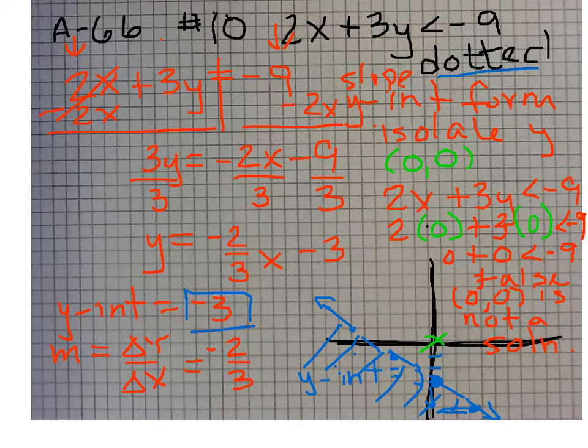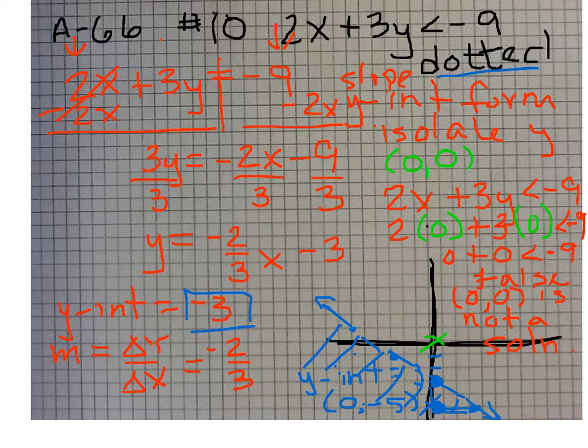For instance, if I was to plug in this point right here, which is 0, negative 5, I should get a true statement. So 2 times 0 gives me 0, plus 3 times negative 5, that's negative 15, and sure enough, negative 15 is less than negative 9, so it would work.